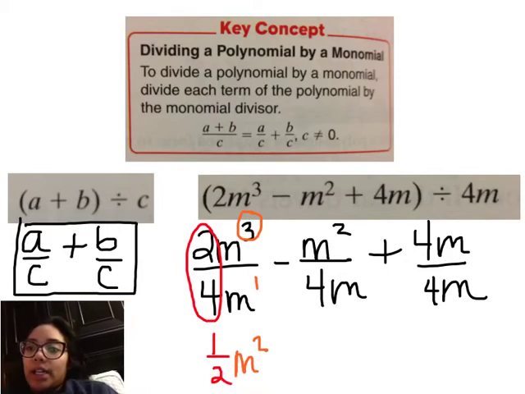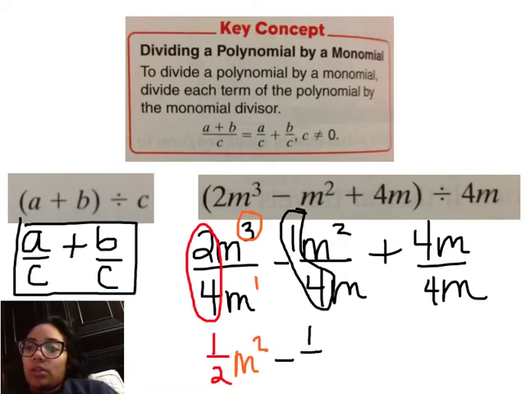And then I have a minus sign. And then I have no coefficient at the top. There's a 1 up there that you can't see, but 1 divided by 4 is 1/4. So I'm going to have 1/4. And then m squared minus m to the first would be m to the first, which is just m.